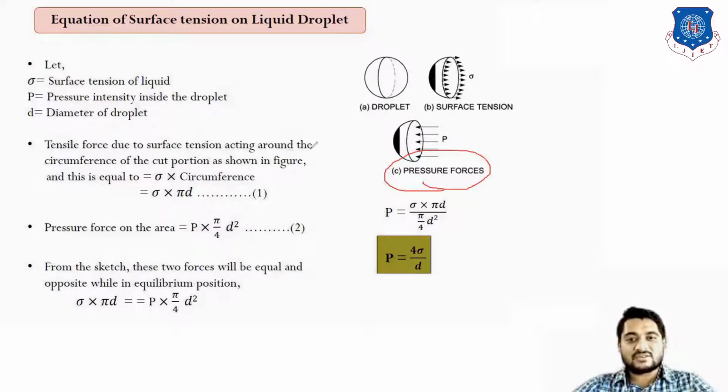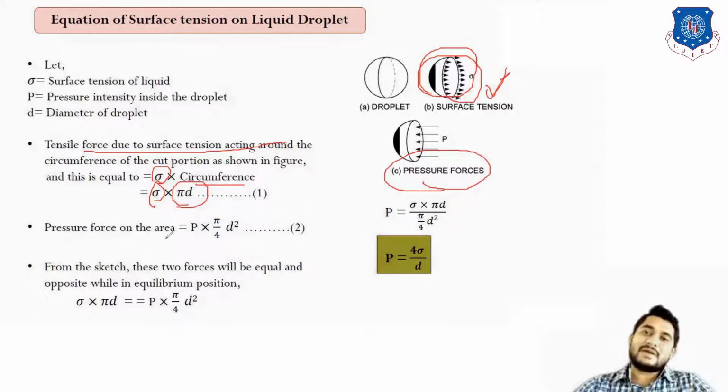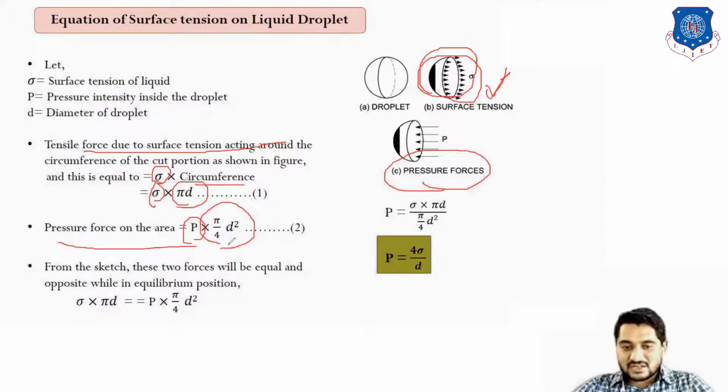So let us derive the equation of surface tension for the liquid droplet. The tensile force acting on the circumference of the droplet, that is surface tension sigma into circumference. The circumference of the circle is pi into d. So this is equation 1, the force acting on the tensile side. Second, for balancing it, the pressure force on that area. Pressure force means pressure into cross section area of this circle, that is pi by 4 d square.